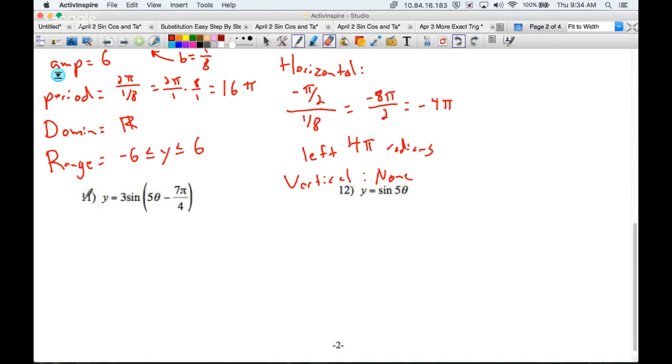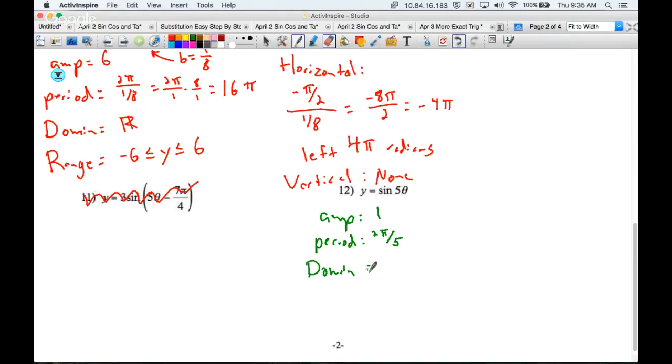Let's do number 12 for our very last one, since we'll have all of our standard values, except it's got a b value of 5. So the amplitude, if nothing is written, is 1. The period is going to be 2 pi over 5.